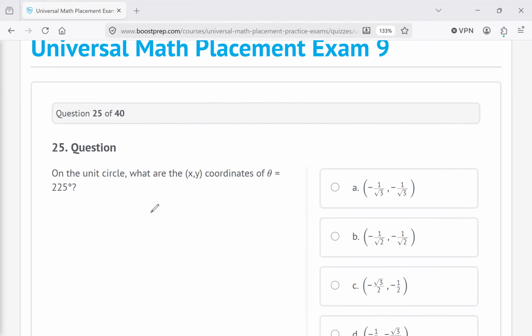On the unit circle, what are the x and y coordinates of 225? You just need to know where it is in the unit circle.